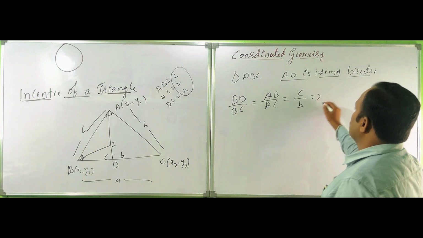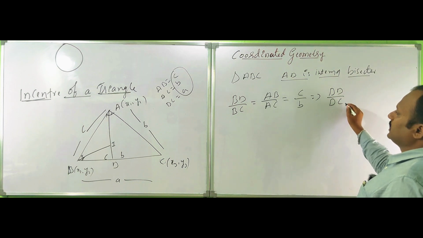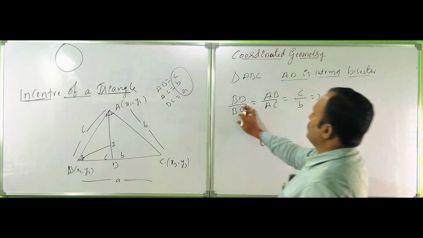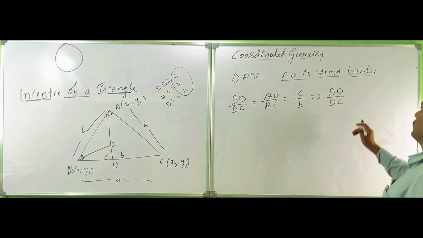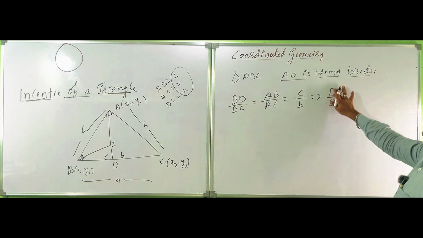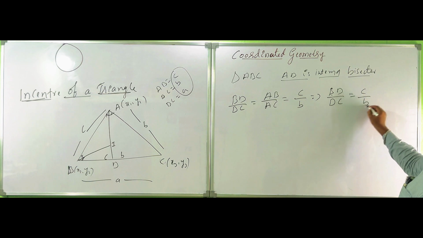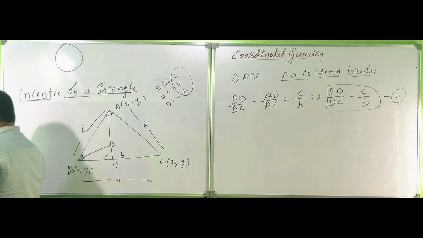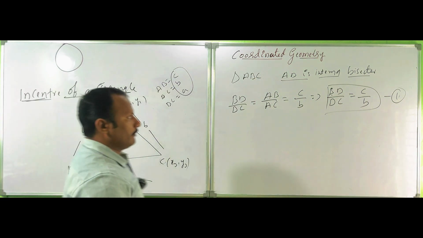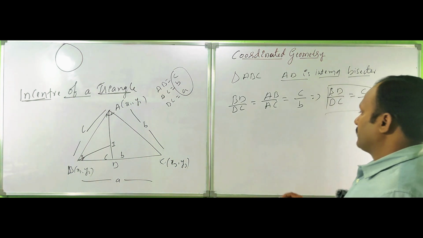So this implies BD divided by DC is equal to c by b. That is the first formula. Then you can find the point D by the section formula.